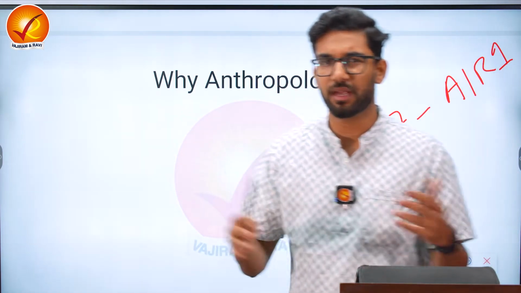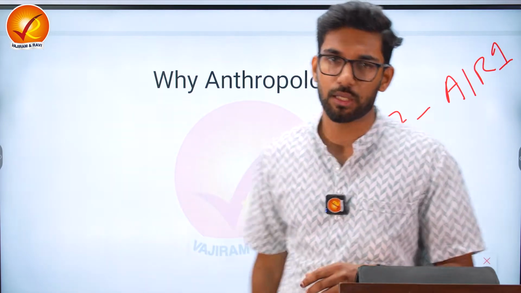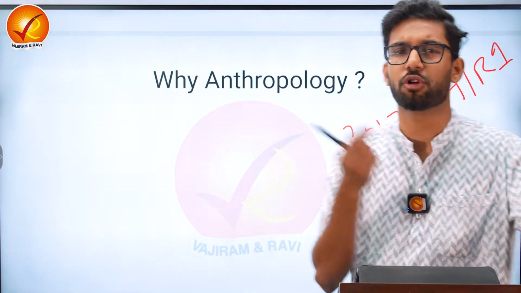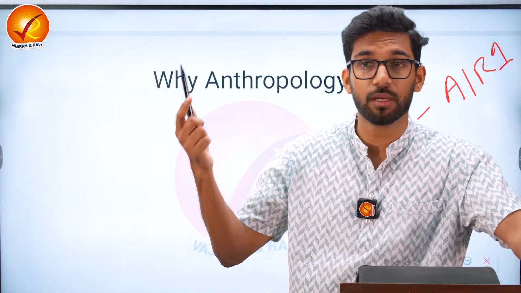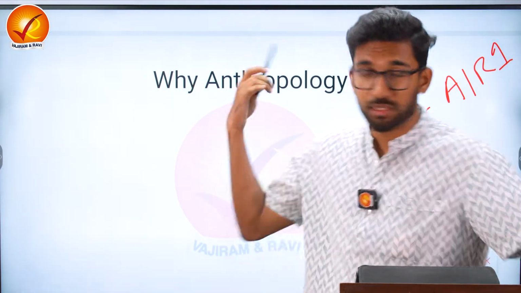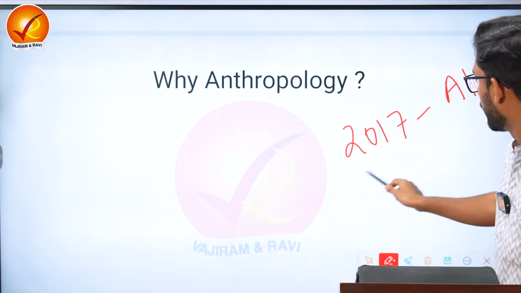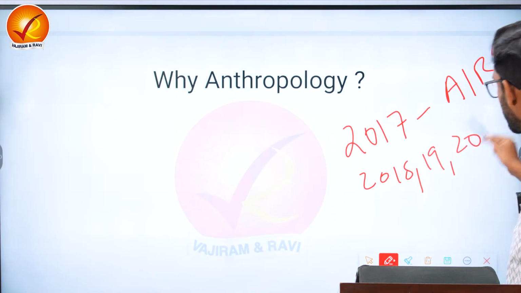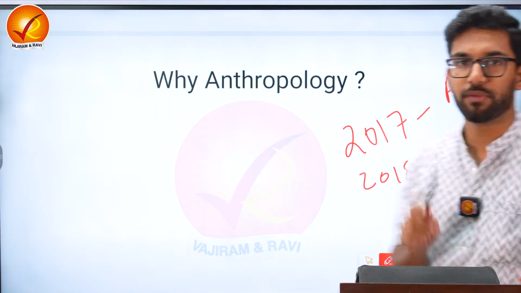I don't remember the exact marks, but he scored really high in Anthro. And he also said that he prepared it for a very short time. He had a different optional and then he switched to Anthro, but he still scored really well. Then 2018, 19, 20, all years, there was somebody who would top with Anthro.